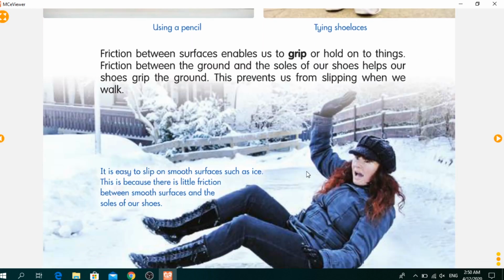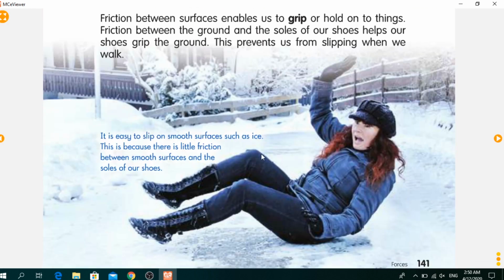Okay. Friction force between surfaces enables us to grab or hold onto things. Grab means to hold things firmly. When we grab something, we hold it firmly. It's different from hold. Okay. Look at this picture. Trees walk on ice, so it is a smooth surface.